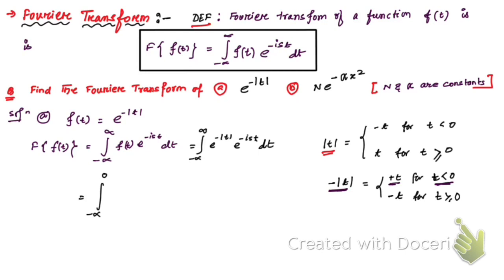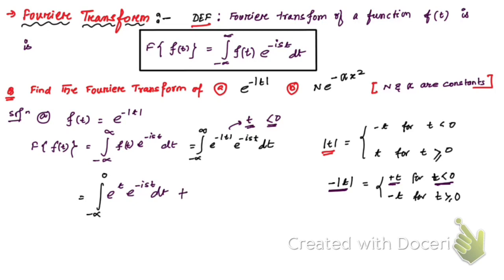So we write e to the power t, e to the power minus i s t dt, integrated from minus infinity to 0.